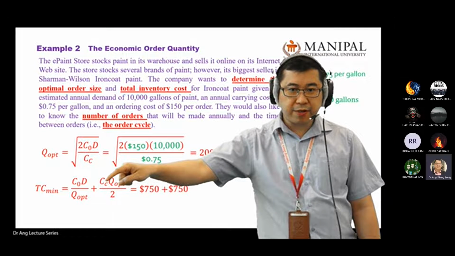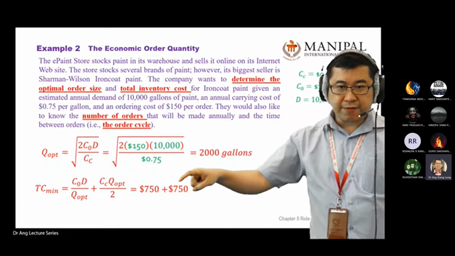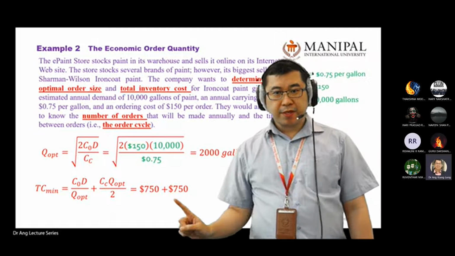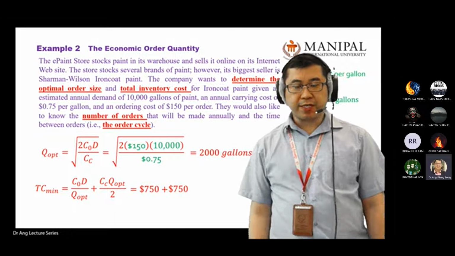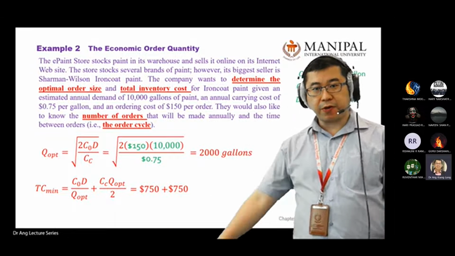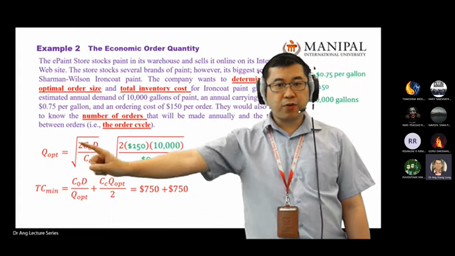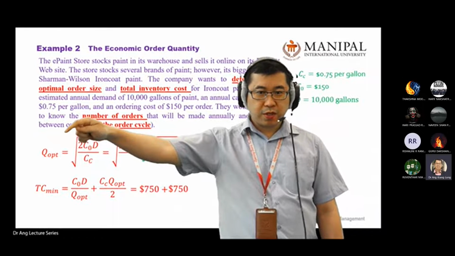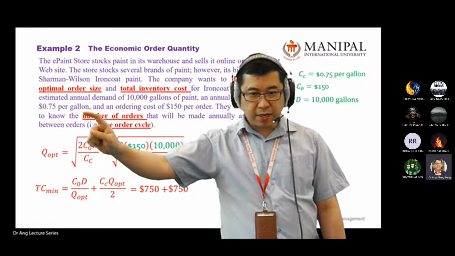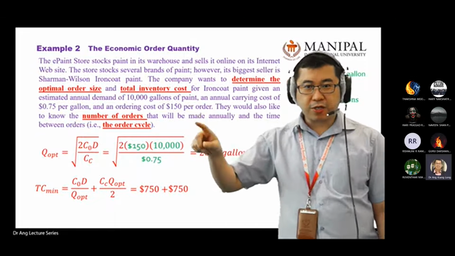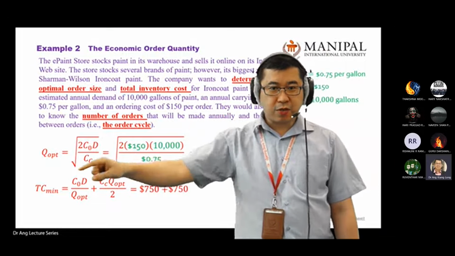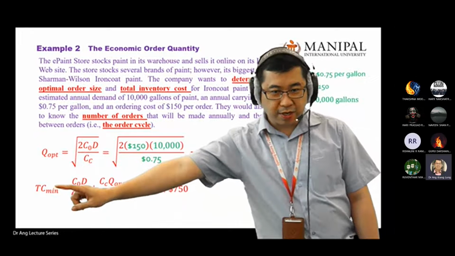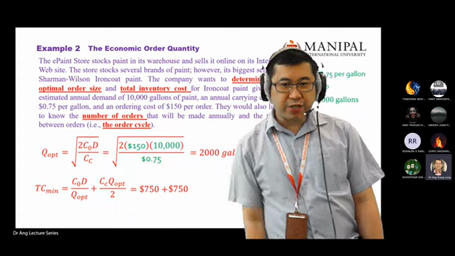Minimum carrying cost is also 750. This also agrees with the assumption in our derivation equation for QOP just now. When you derive the QOP, the order cost equals the carrying cost. So this one agrees with our derivation just now.